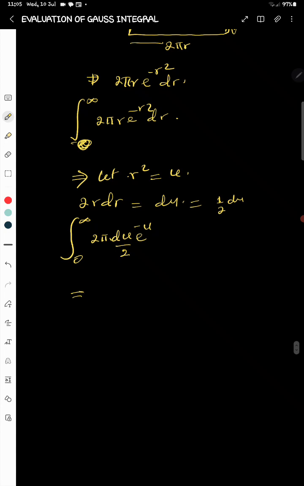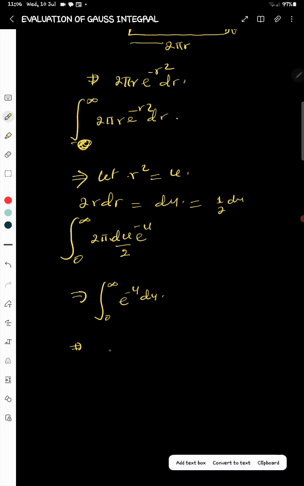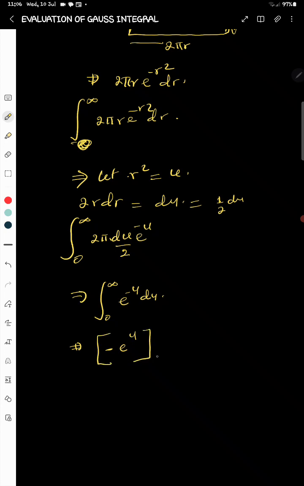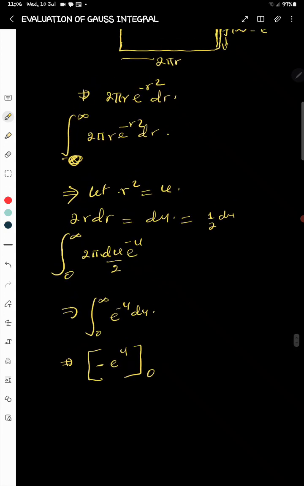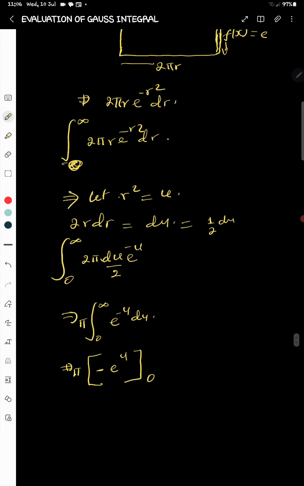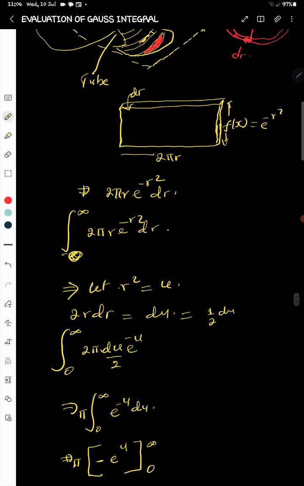which is equal to negative e raised to u evaluated at 0. But remember here, we are having pi, 0 to infinity.